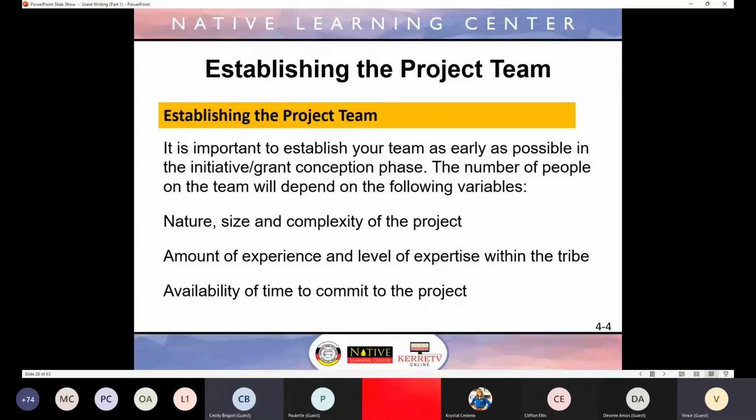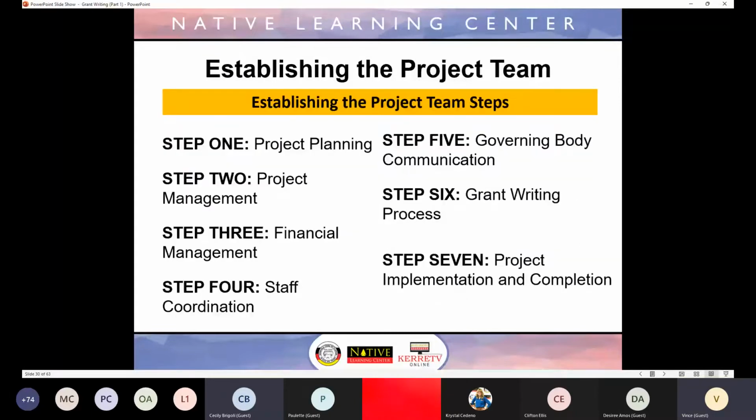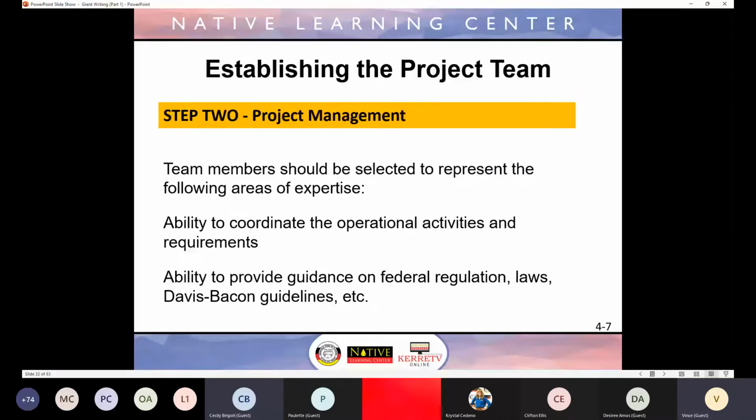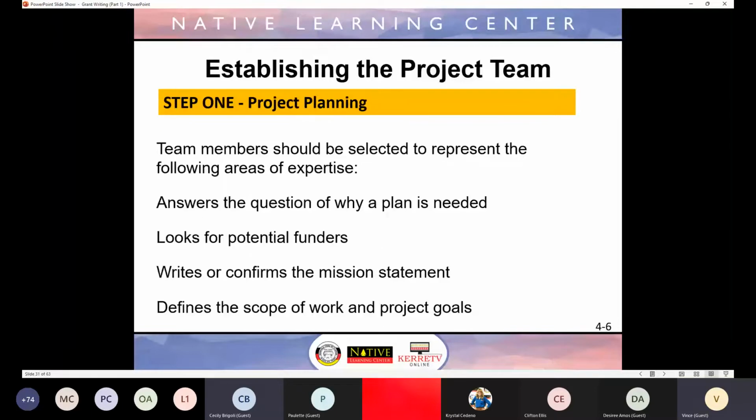Talked about this just a moment ago, so I'm going to jump over that. Talked about project planning. This is just reiteration of the team. Step 1, making sure they understand this is the team, your subject matter experts. They understand what you're trying to do. They're like-minded.